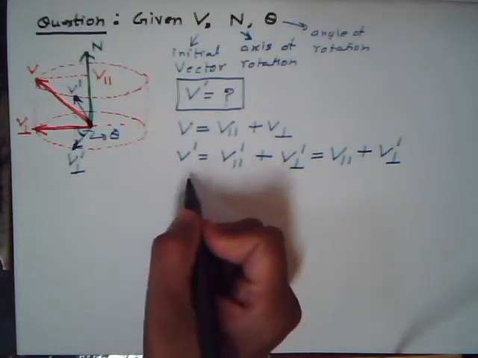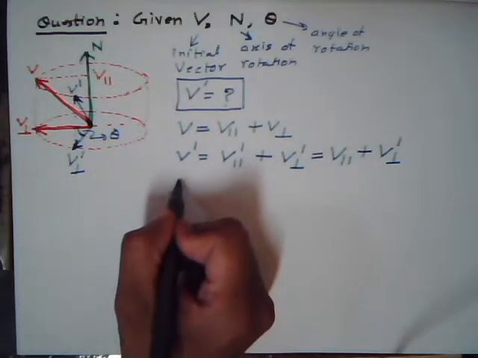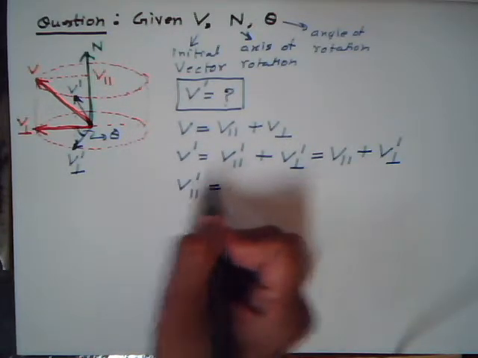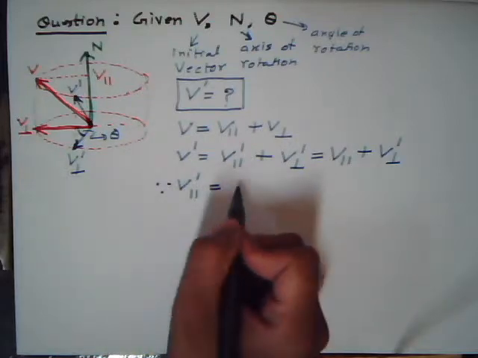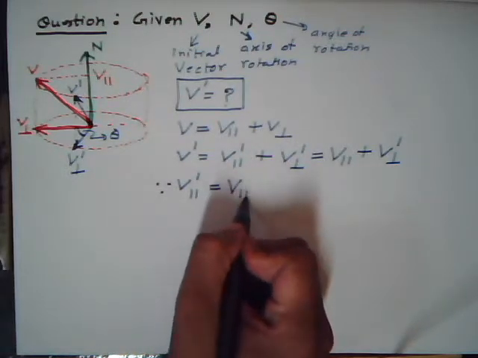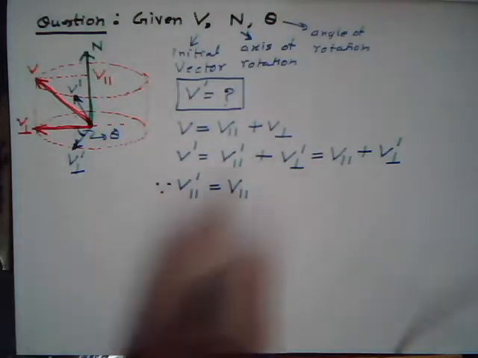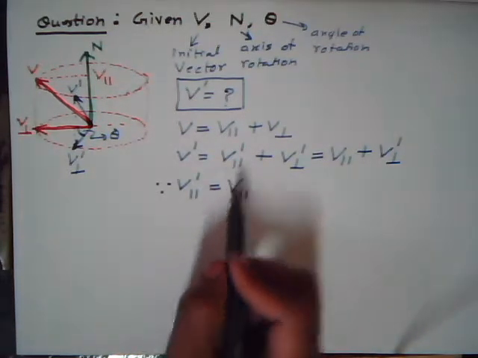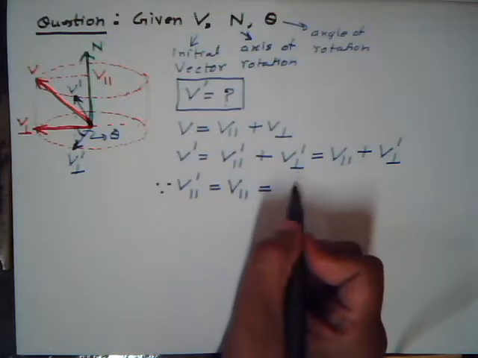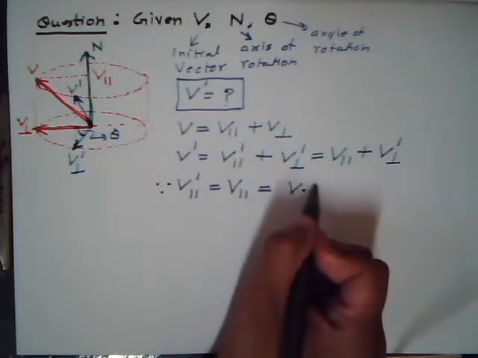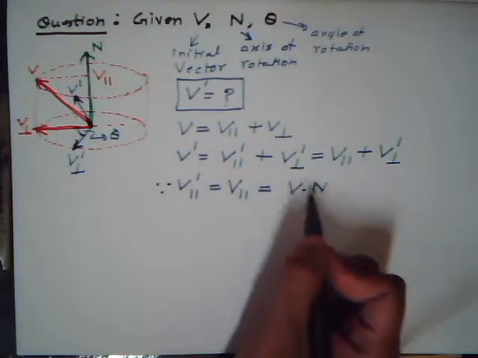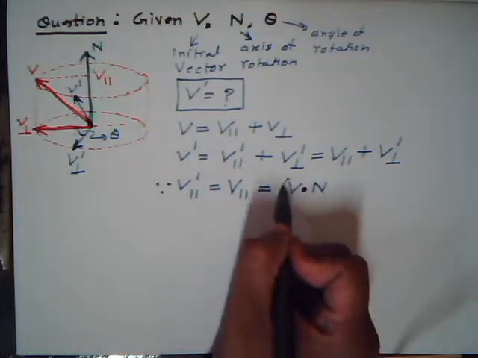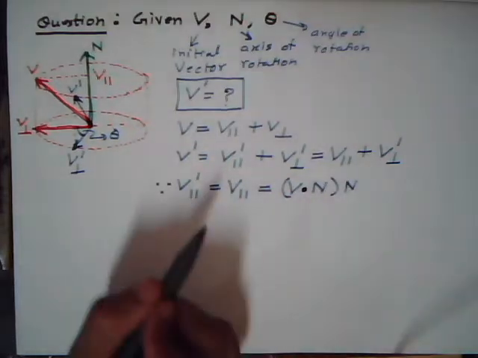Now this is because V prime parallel is equal to V parallel. And what is this V parallel? This can be written as the projection of V along the direction N, that is V dot N times the unit vector N.